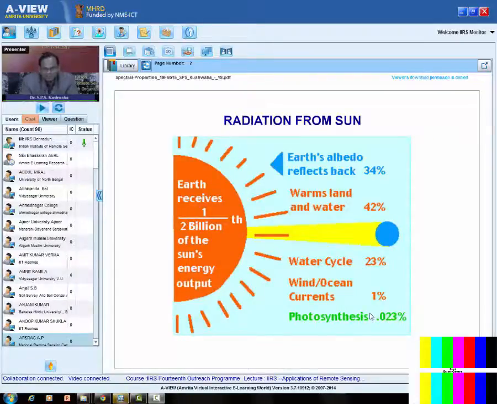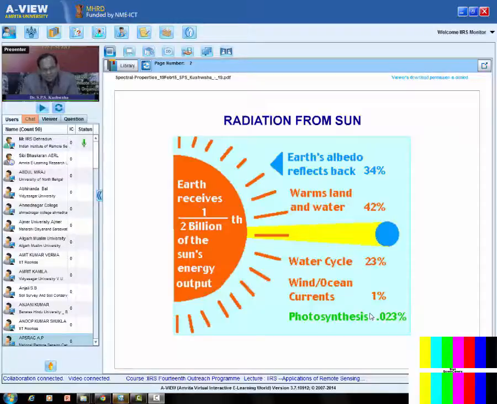Let's begin with the radiation from Sun. You see, Earth receives about 1/2 billionth of the Sun's energy output. It's just a very minute fraction of the total energy of the Sun, and that energy actually drives so many things on the planet's surface, including warming of oceans, warming of land, and the monsoon, and also a constant temperature, so that vegetation and humans can live together.